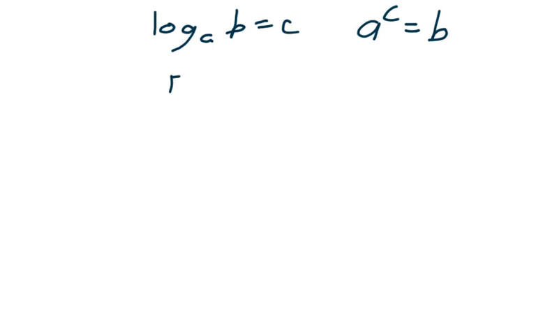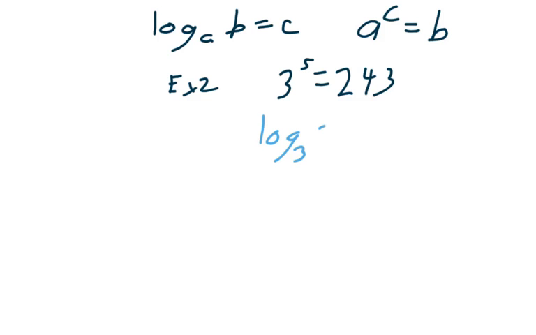This would actually be example 2 from our notes. If I said 3 to the 5th equals 243, and I want to rewrite this as a logarithm, that would be log base 3 of 243 is equal to 5.